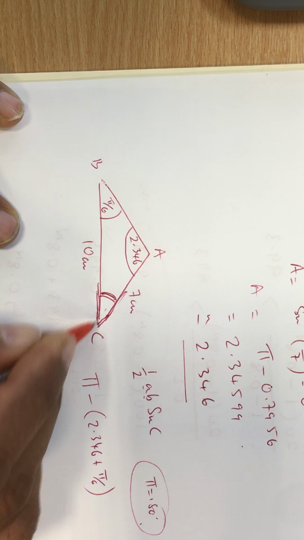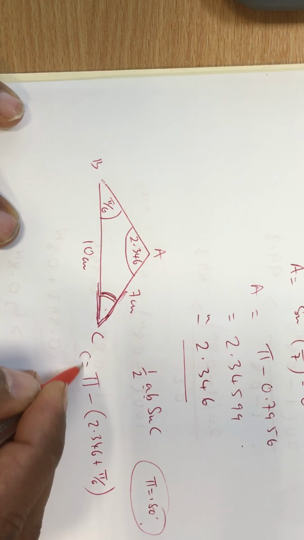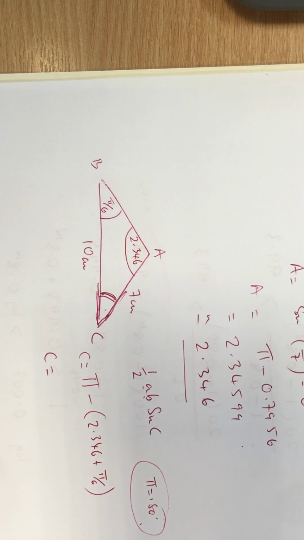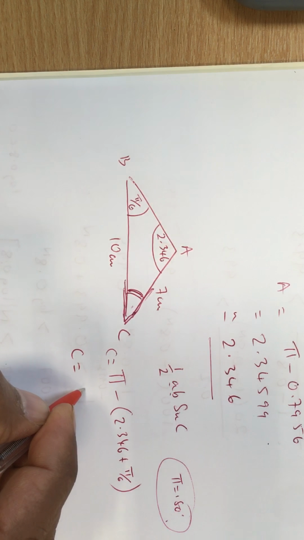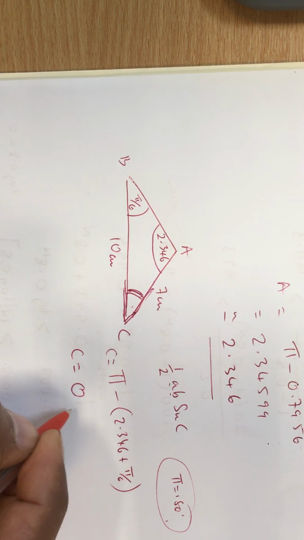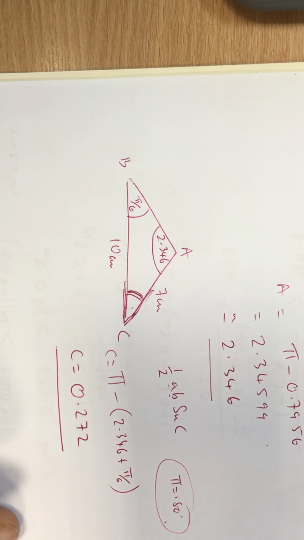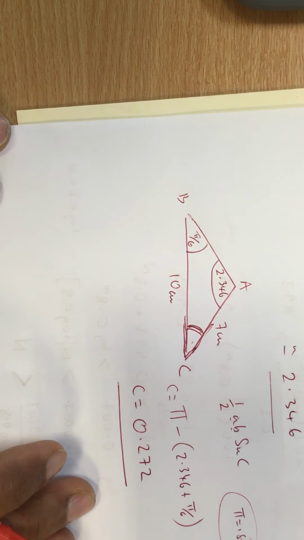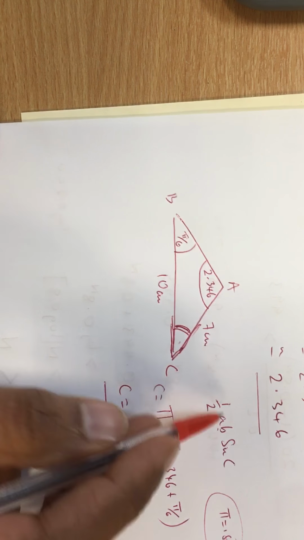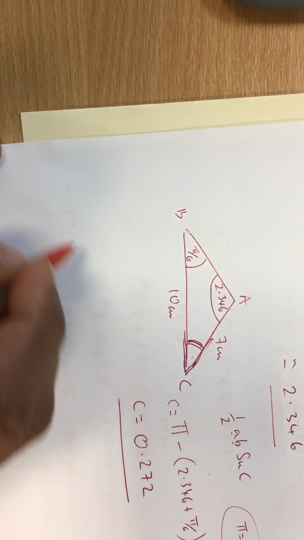And if we did that, this angle C would give me, which I worked out earlier, it's a simple process on the calculator. It will give you 0.272. And then using this angle, I'm just going to simply sub these figures into our formula.